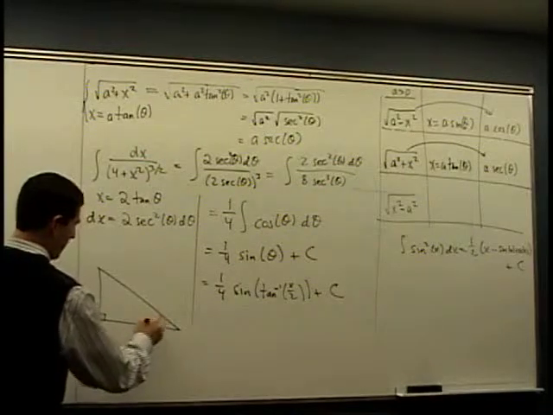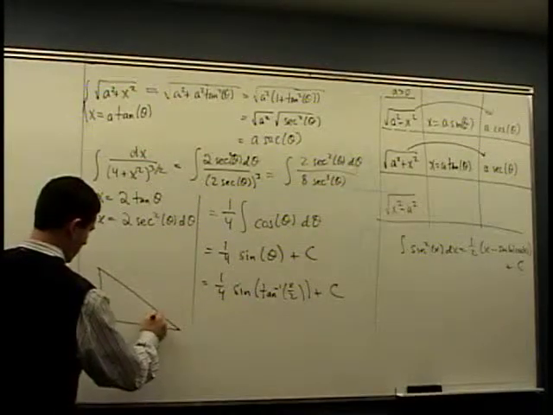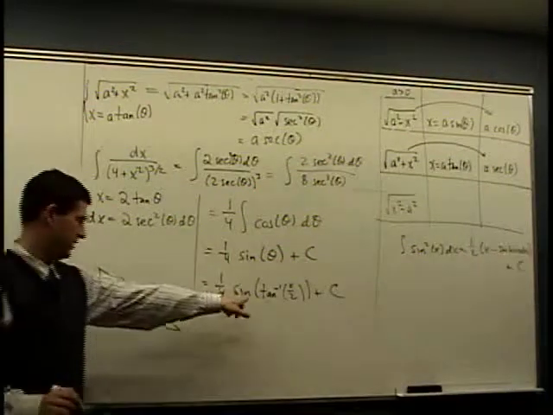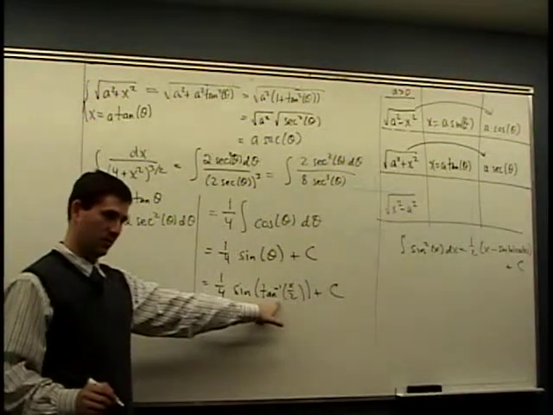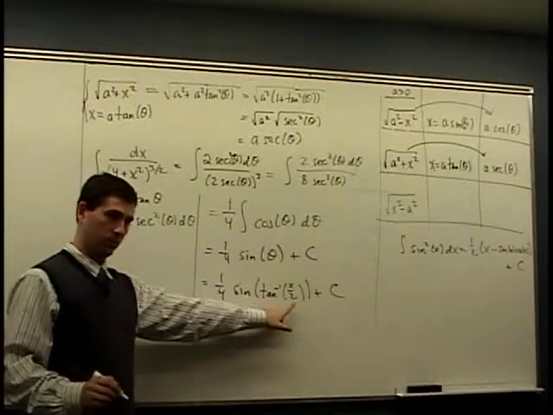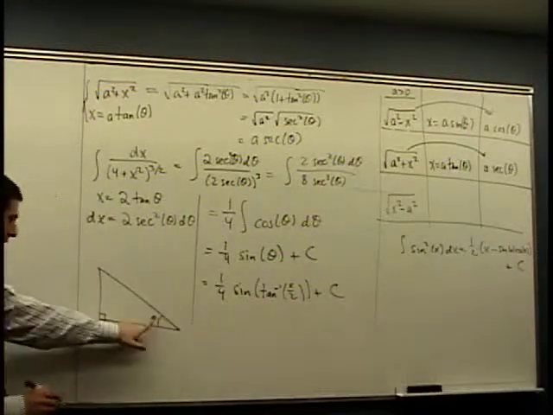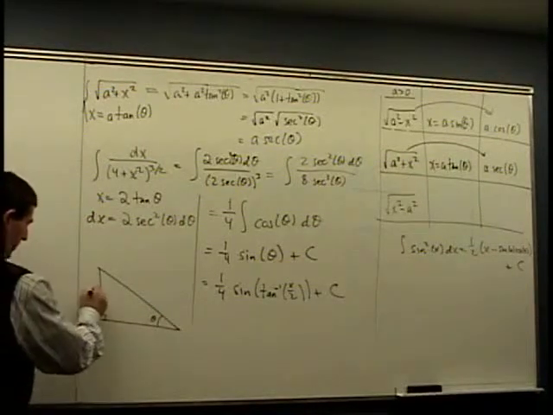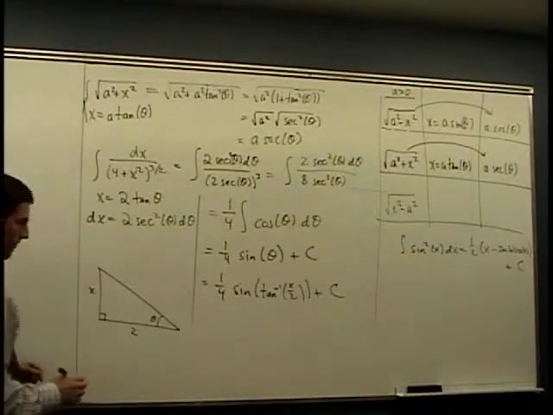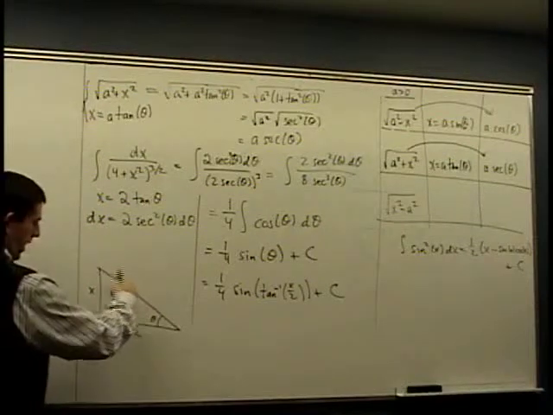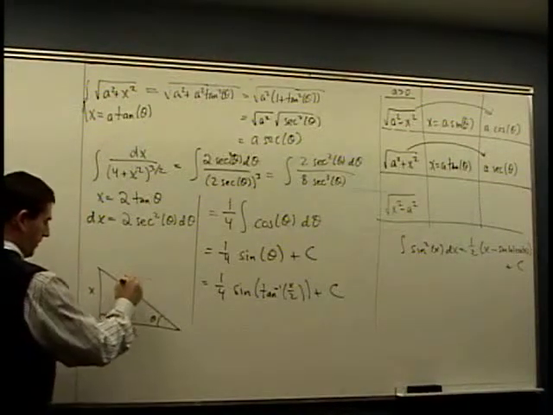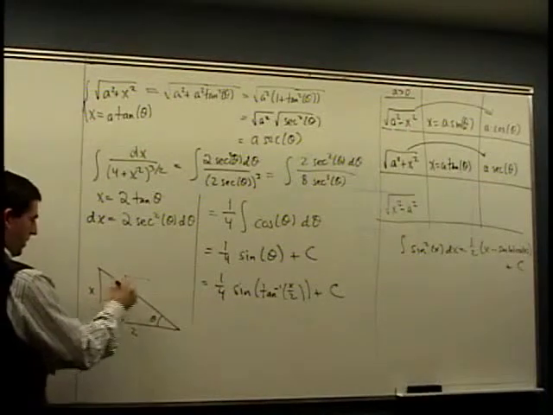If you had a right triangle with angle theta, such that the tangent is x over 2, that would mean the opposite over the adjacent is x over 2. So we could put an x there and a 2 there. And then the hypotenuse of this triangle would be the square root of 4 plus x squared.